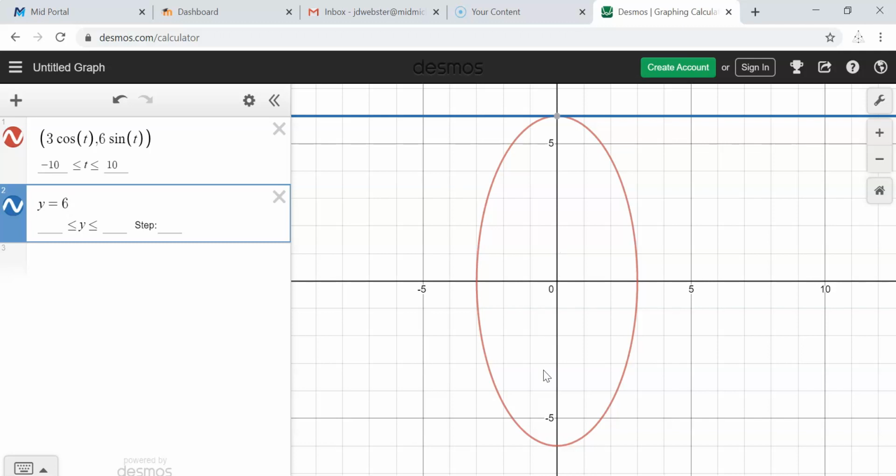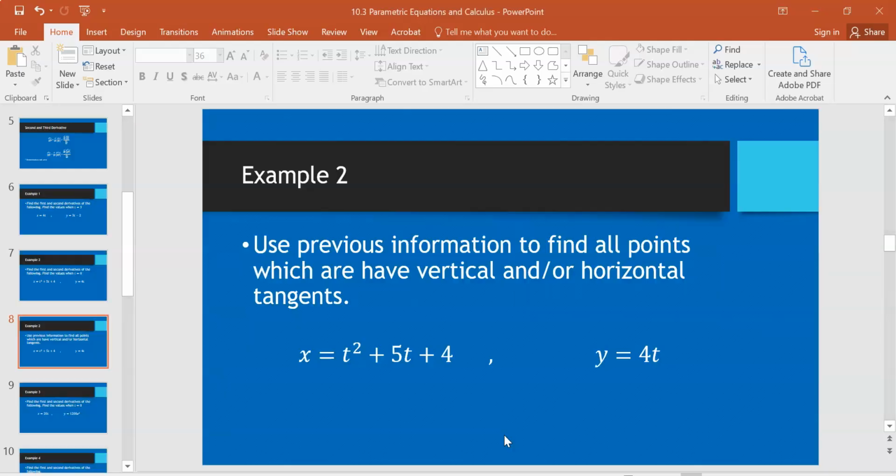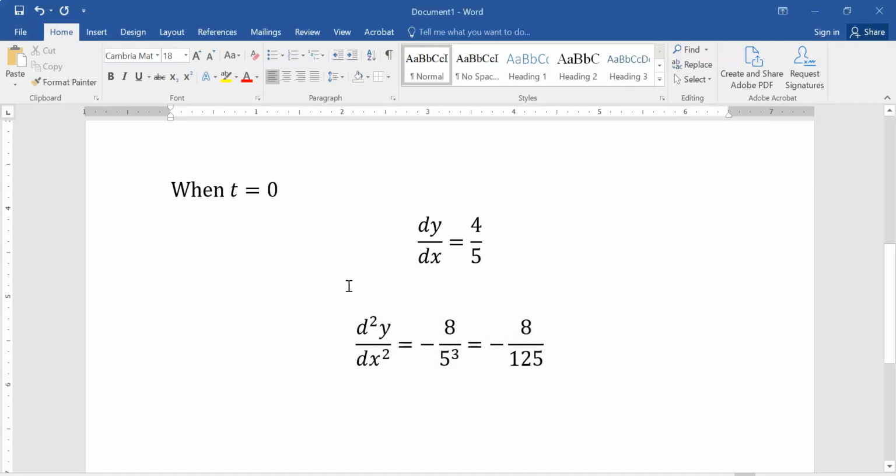So basically, when we say find vertical and horizontal tangents, what we're asking for is to find when the slope is 0 and find when the slope is undefined. So let's go and do that.